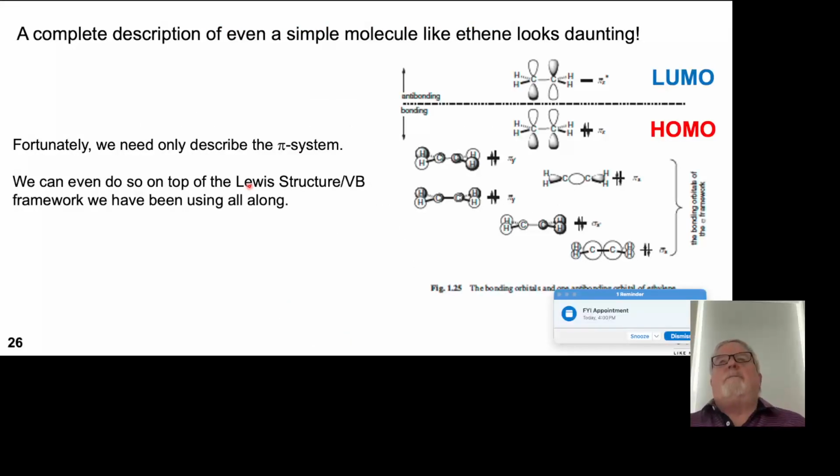So let's think a little bit more about molecular orbital theory. A complete description of even a simple molecule like ethene looks daunting. Look at all of these different orbitals that we have to construct. It's a little hard. We haven't done that too much unless you took your class from Dr. Ellis on inorganic chemistry.